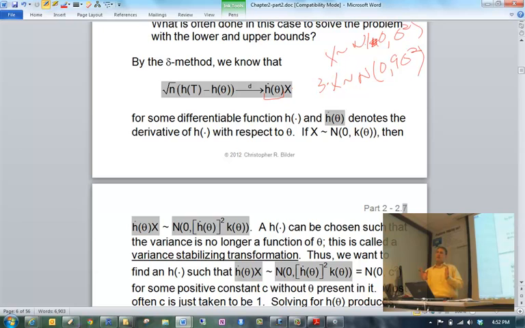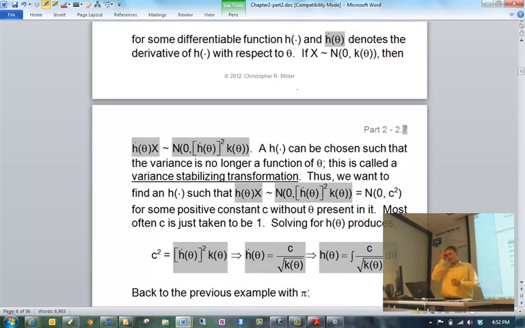This is what's called a variance stabilizing transformation, the choice of h. It's a very common technique used in statistics. In the end, I want this variance to be a constant. Let's call it c. Typically, c is chosen to be 1 because it's easy. And then you get the same result.